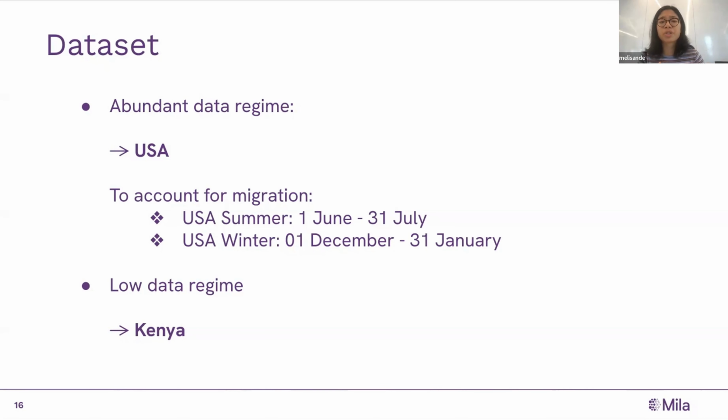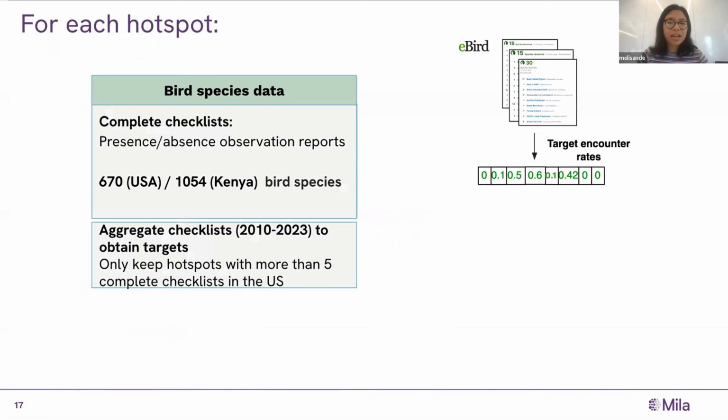Now, we were also interested in seeing what happens in the case where we don't have that much data. And so we also created a data set for Kenya, which is a very biodiverse region, but for which there are very few observations. For each hotspot, we extracted the following information.